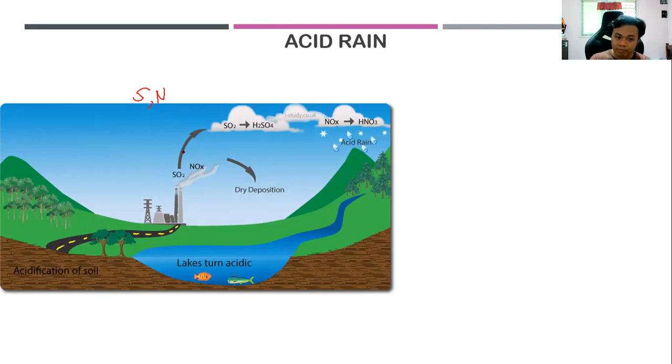If those parts are oxidized and burned, it produces SO2, or sulfur dioxide, and NOx. NOx means it can be NO, NO2, or NO3.